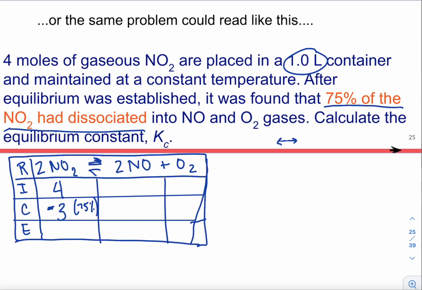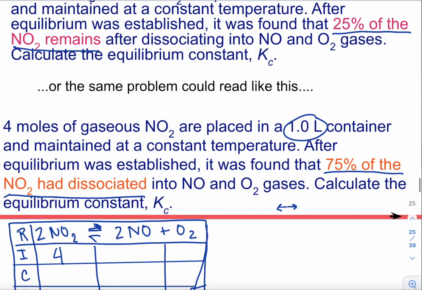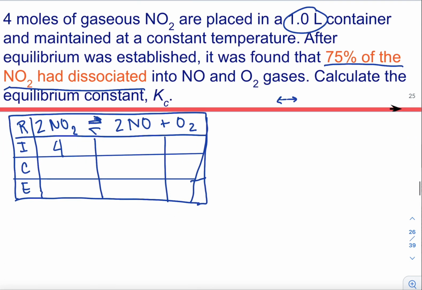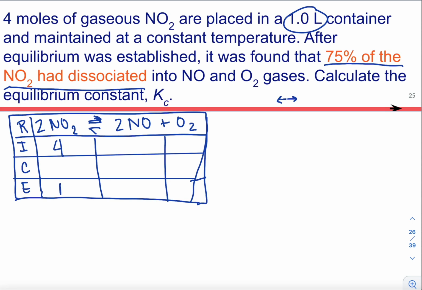Or if you were reading it as the first problem, and it said 25% remains, you could just go ahead at equilibrium and write a 1, because that's 25% of 4. Either way, you get the same result. As long as you read the question carefully, solving this is going to be the same process.